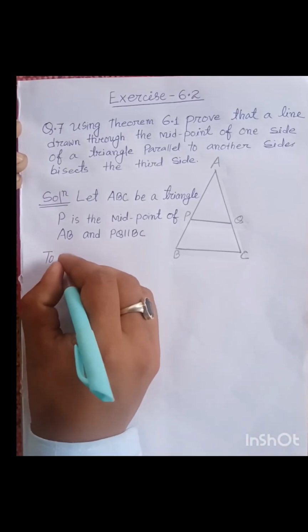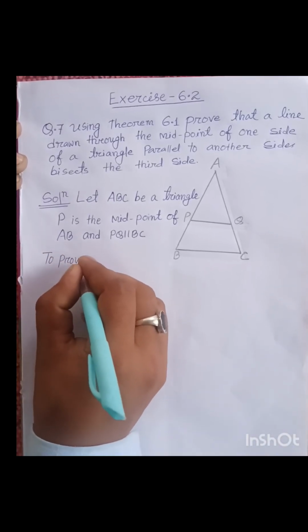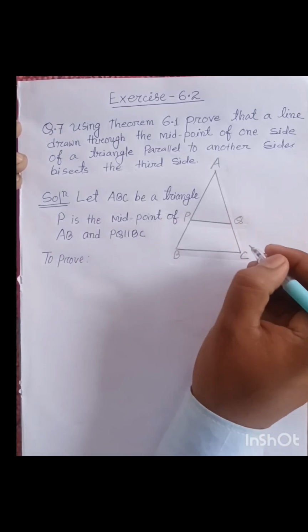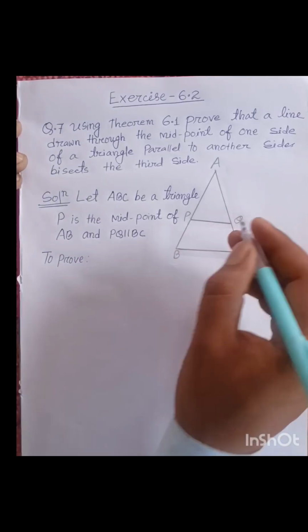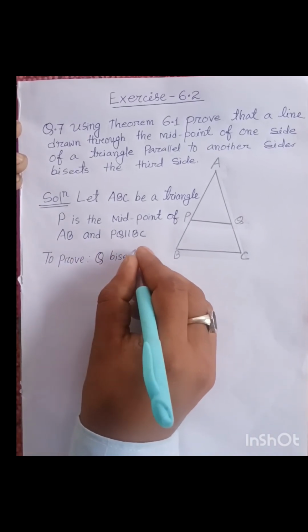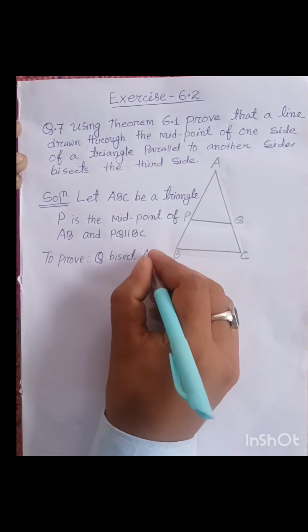We will prove, or to prove Q is the midpoint of AC means Q bisects AC.